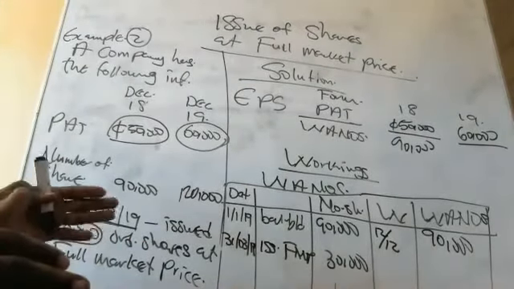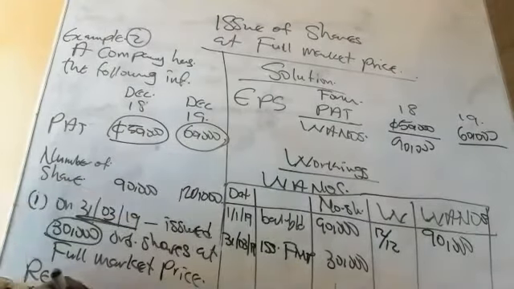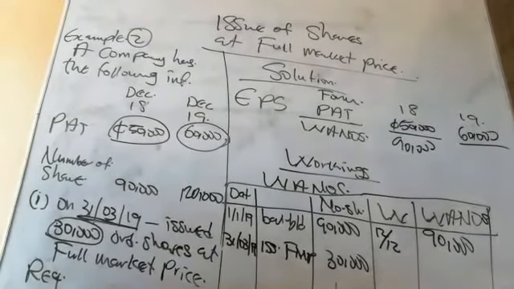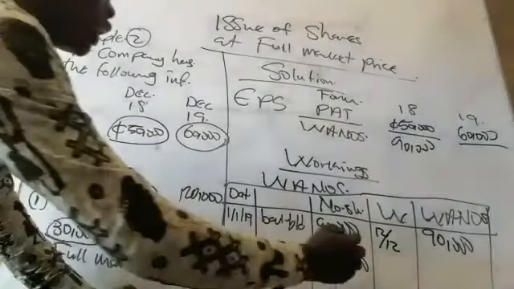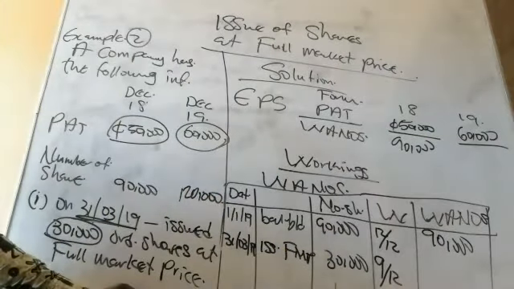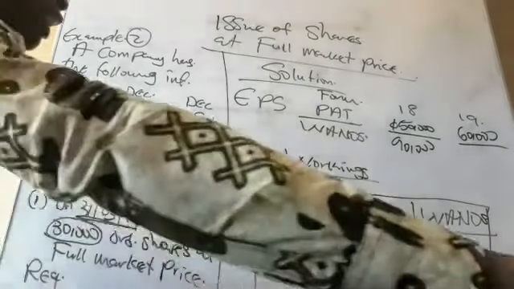So from 31st March to the year end, December 2019, how many months? 3 months gone, so let me do 12 minus 3, which is 9 months. Great. So the weight is 9 out of 12. That's it. So 30,000 times 9 out of 12 will give us something like.